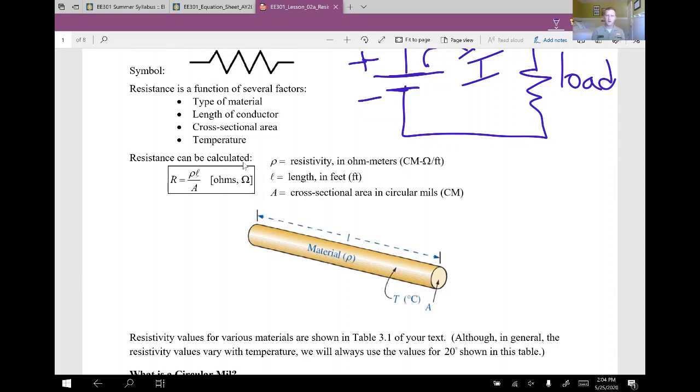If I had steel that was carrying my current, or copper, whatever it is, it has its own constant for rho. L is its length, as you can see along this line right here. And then A is a cross-sectional area in circular mils.